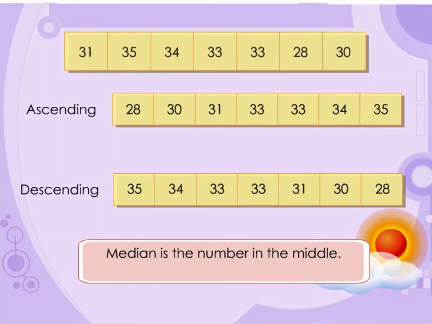Median is the number in the middle. In both the ascending and the descending order, the number of data on the left is 3 and the number of data on the right is also 3, which gets us the middle number as 33. So median equals 33.